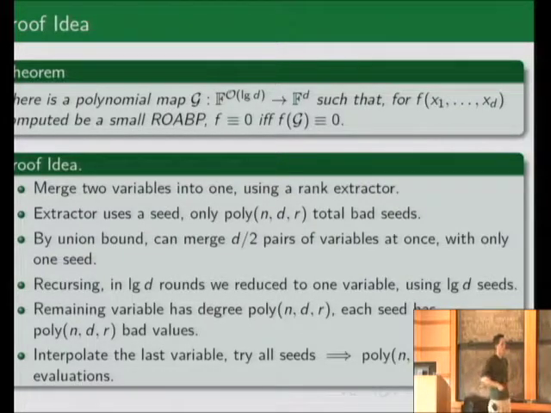When you replace these two matrices with one, the degree of the polynomial will increase, but very mildly. In some sense it'll be n, then go to 2n, 3n, 4n.